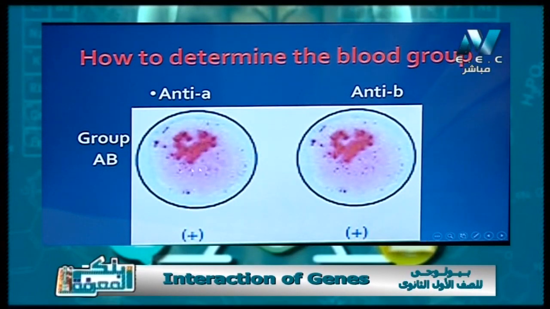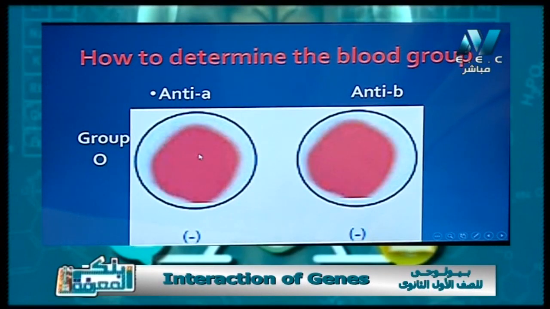But if a reaction occurs with both anti-A and anti-B, this person is AB group. But if no reaction occurs between the blood and anti-A and anti-B, there is no agglutination in both cases, so this is blood group O.